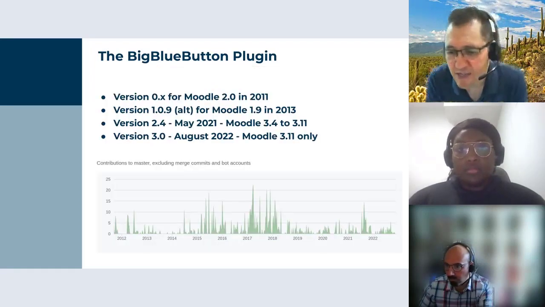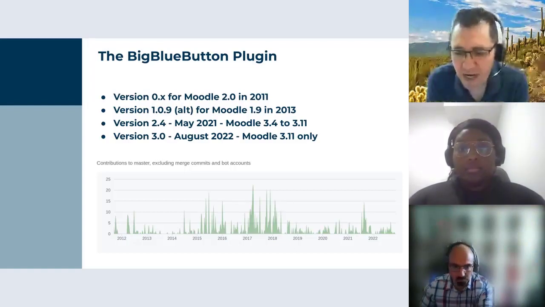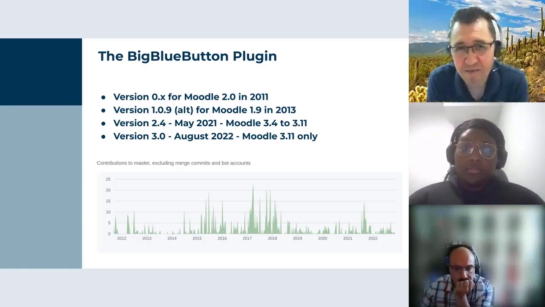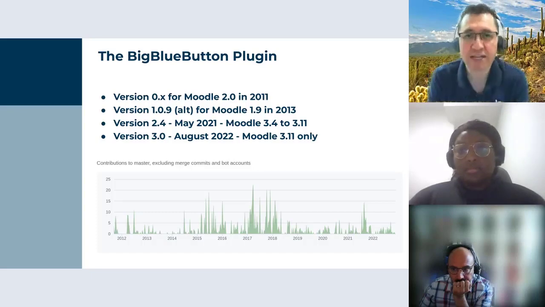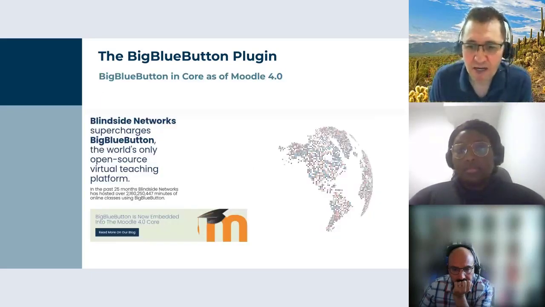I have it in the slide. You can see the development here. There have been years where we had more intense development. 2015 to 16 was a big stretch. 17 and 18 was also, and lastly, the conversion of the plugin for the latest versions of Moodle.